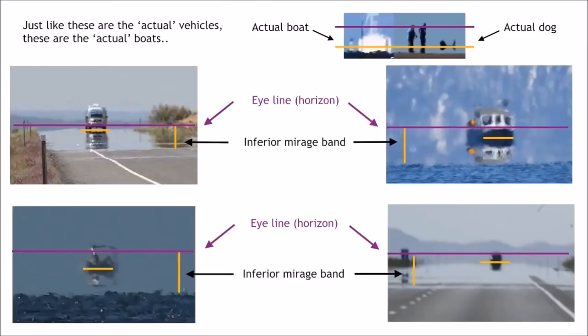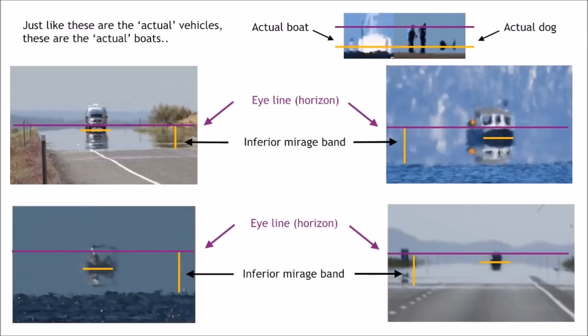Okay, so again, just like these are actual vehicles, those are actually the boats that are going off into the distance. So the same phenomenon is occurring here. You see this RV coming over the horizon here. You can see the inversion of the distant mountains somewhat in the reflection below, and when you see that reflection, the middle of it essentially is the horizon line for the observer.